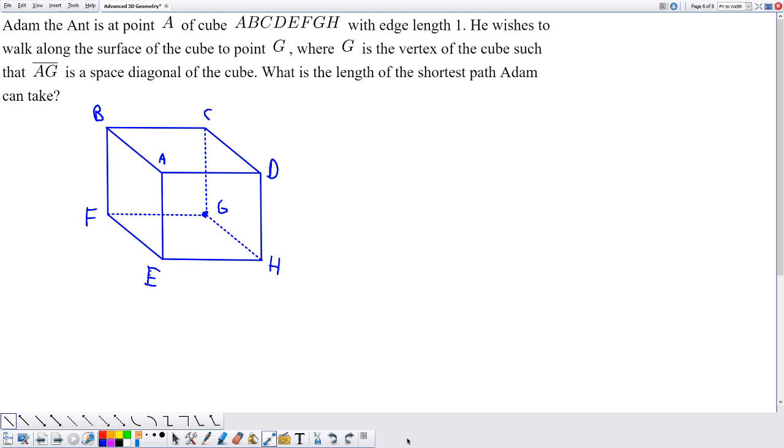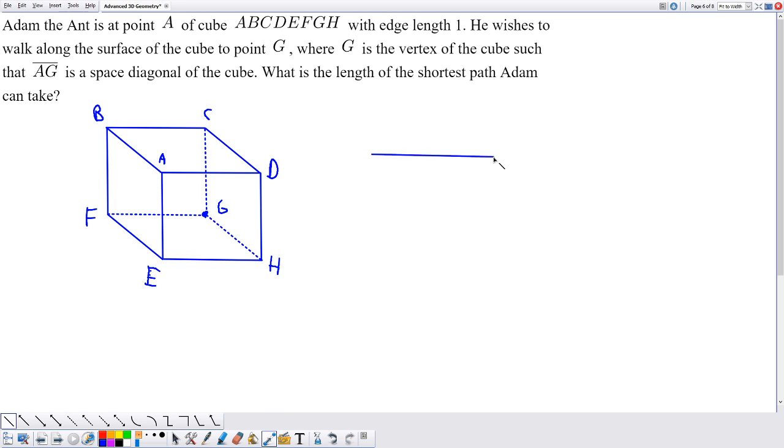Now, the ant's journey begins at point A, and the shortest path would be along A to the right, then going around to the other face. So starting at the face ADHE, and then moving to the face DHGC, because that's a 2-face journey instead of a 3-face one going the other direction. Now, how can we draw that out?